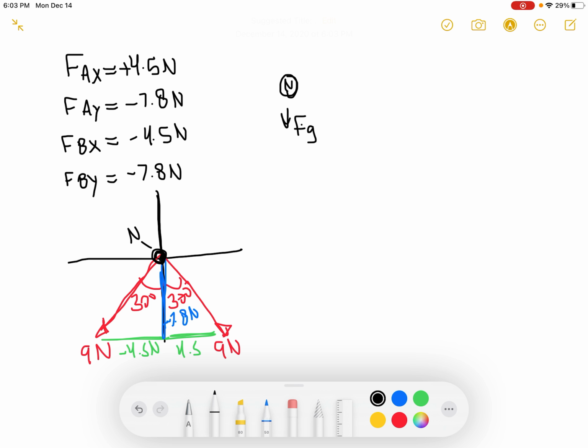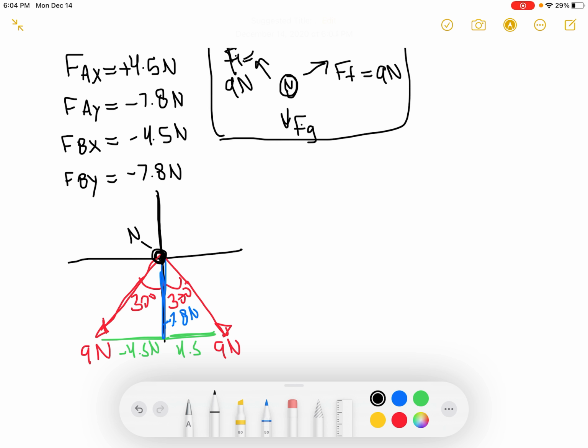There's a friction force to the left and right that have 9 newtons. Oh, that's too high up, sorry. Let's talk about that. We have those measurements because of the vectors. The forces are in opposite directions. That's why there are 2 forces right there. So that's the free body diagram of the nail.